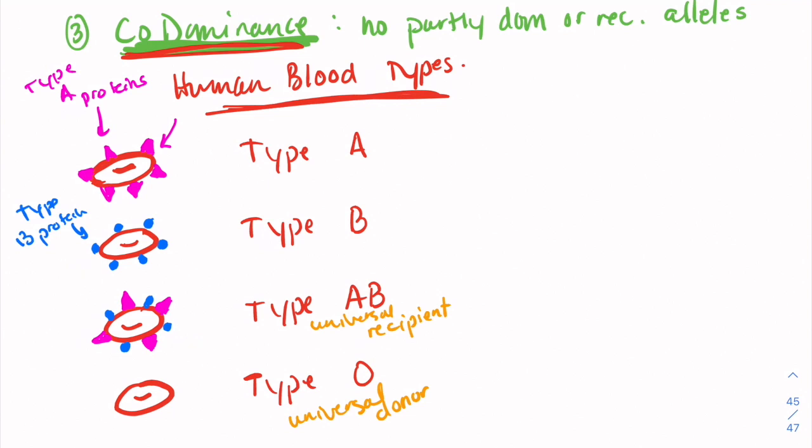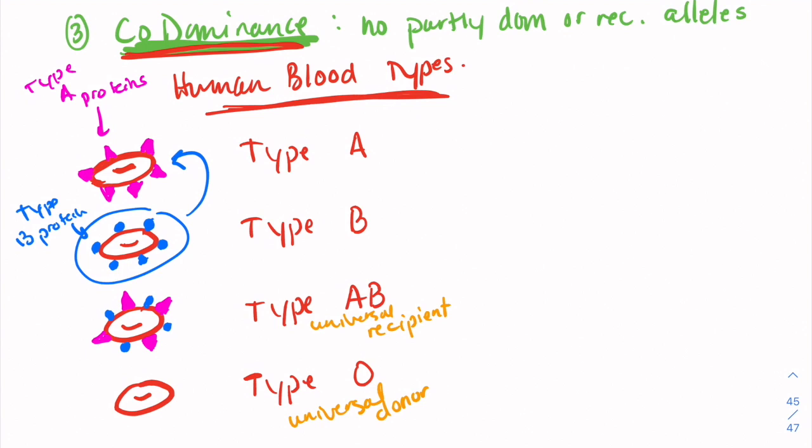But think about it for a second about what would happen if you gave type B blood to a type A person. The type B blood has these little blue B proteins on them. But the type A person doesn't have those blue B proteins on them. Their immune system is not familiar with them.